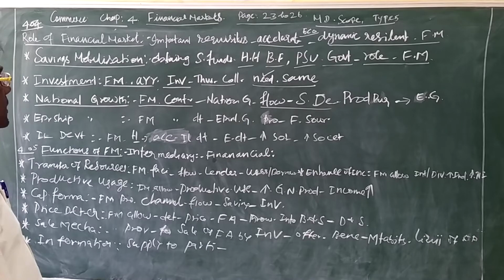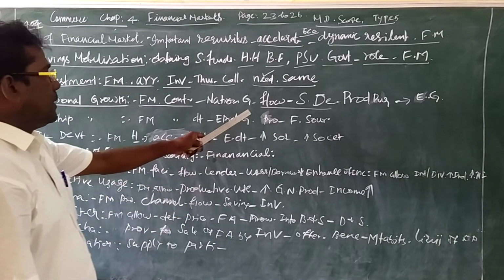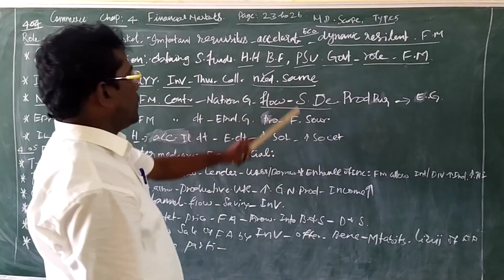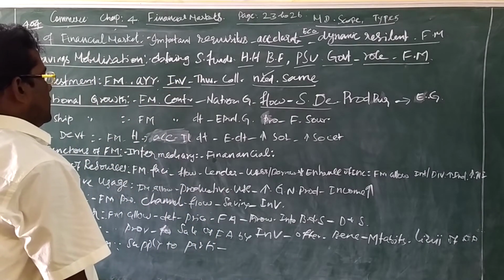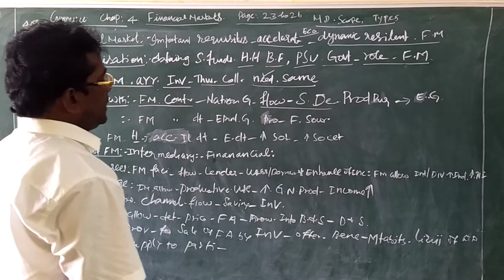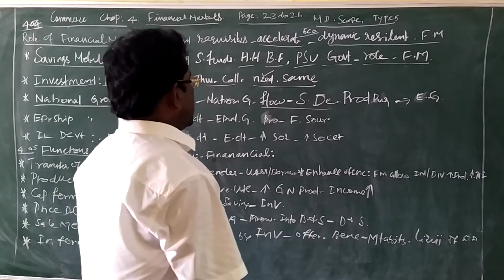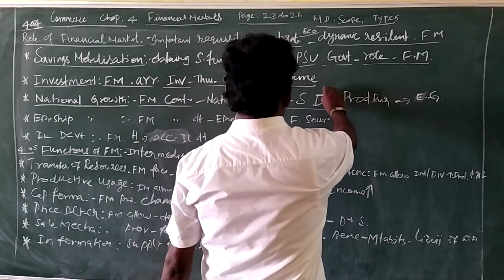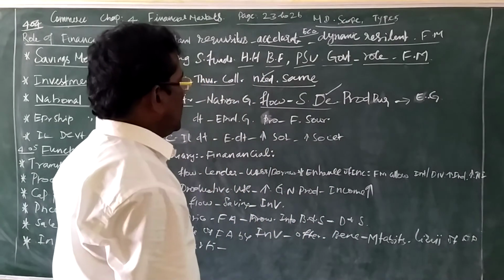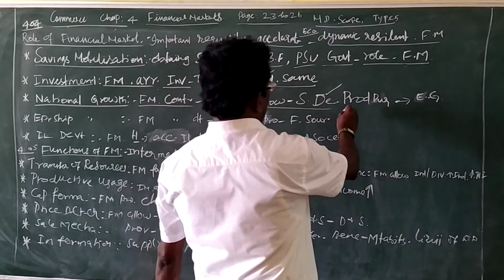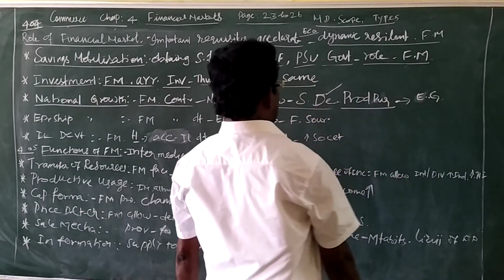That means the funds are collected wherever they are available as surplus. Then the amount collected so far under the savings should be circulated, supplied to the deficit sectors where the funds are required. Not only that, the amount should be placed for productive purposes.